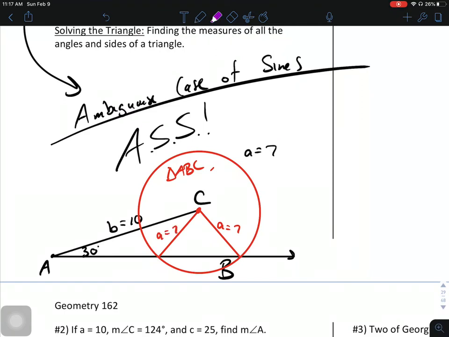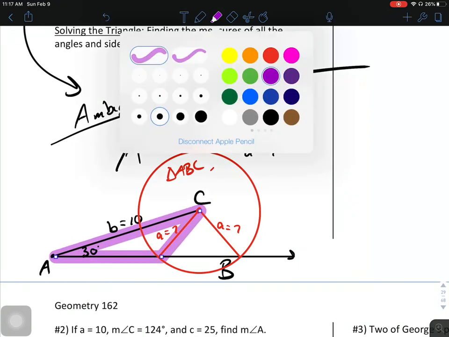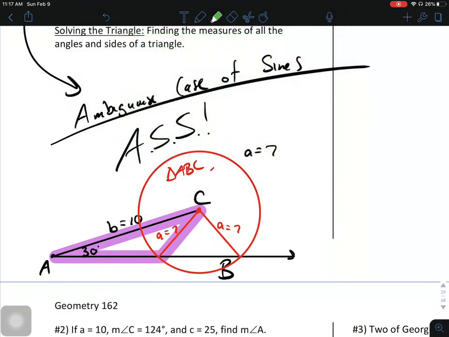And what that does for the triangle, so first of all, we're given angle, side, side, because this could be two different triangles. It could be this triangle right here, or with the same measurements of 30, 10, and 7, it could be this triangle. Hopefully you can see those are two completely different triangles.